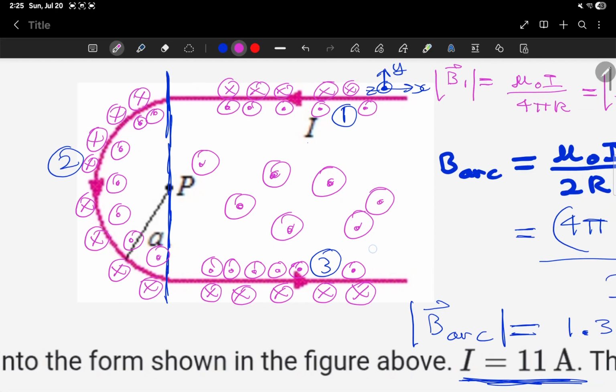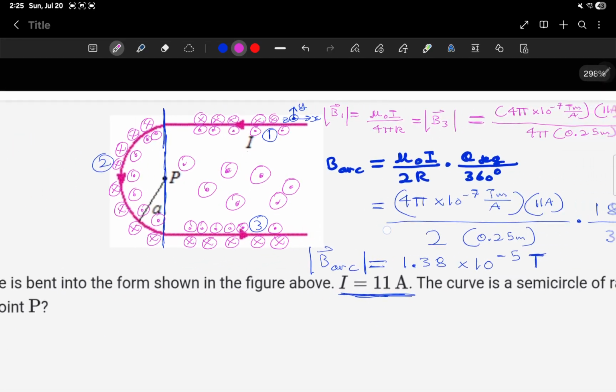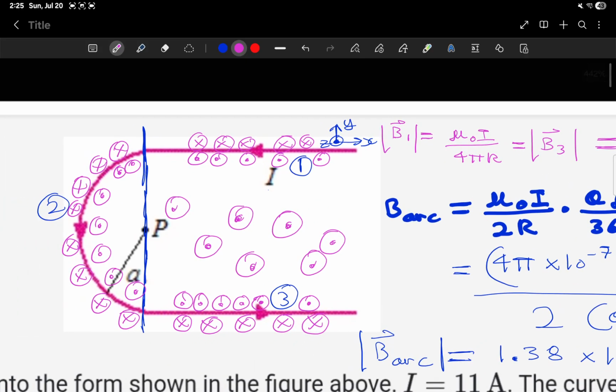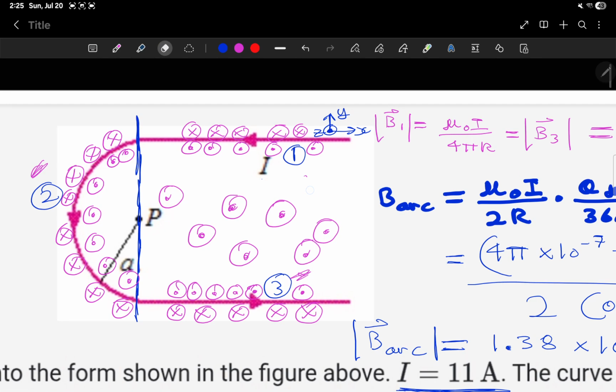So what does that tell us about all of these magnetic fields that we have found? The magnetic field by segment 1, the magnetic field by segment 2, and the magnetic field by segment 3. It tells us that they're all pointed in the positive K-hat direction. Now I'm going to erase all this because it's way too messy.